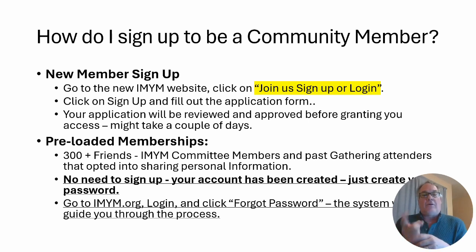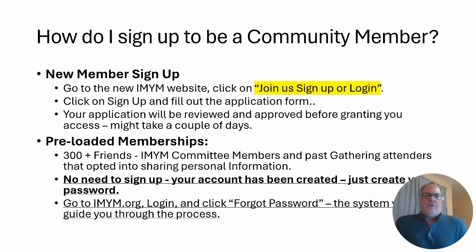And then also we uploaded friends who, at some time in the last few annual gatherings, answered a question on our registration forms that said, would you like to share your contact information with other folks who've attended the gathering? We took all those folks who checked those boxes and also uploaded them to create preloaded accounts, to make it easier to do the full process.